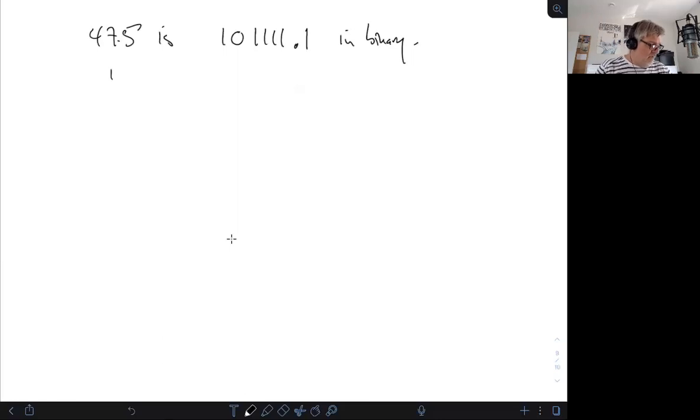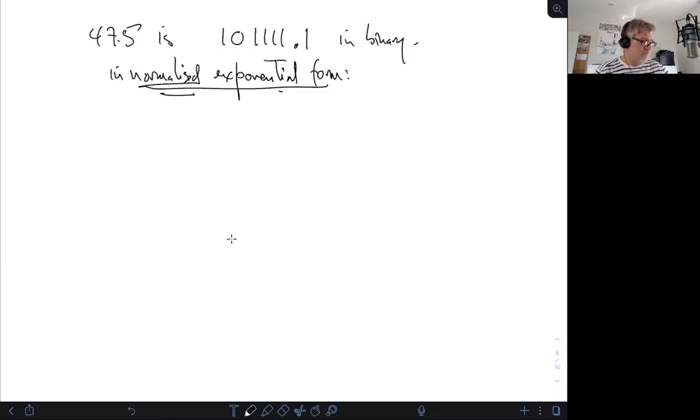So now I need to have this in normalized exponential form. Okay. So what is that? It's scientific notation, right? But in binary. So this is 1.011111, and I've moved it 1, 2, 3, 4, 5.